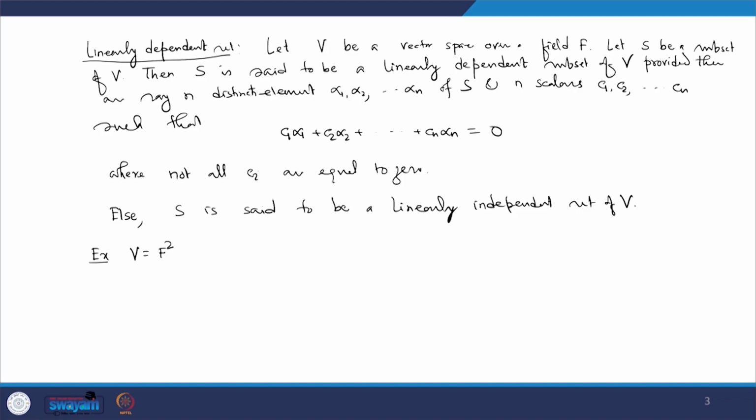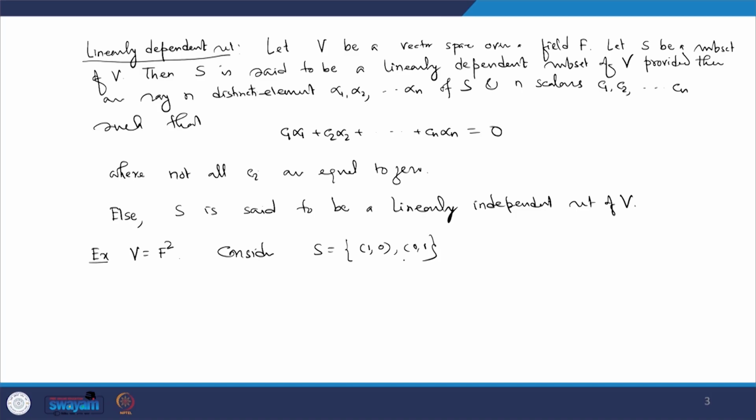I have already defined what is meant by standard vector addition for Fn and standard scalar multiplication for Fn also. So, based on that, V is a vector space. Consider capital S consisting of the elements, say, (1, 0) and (0, 1).